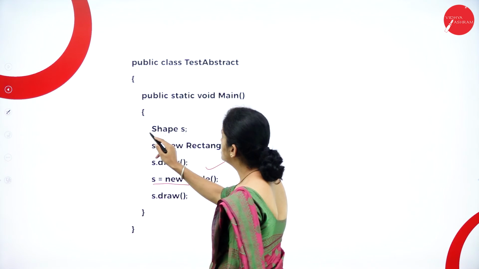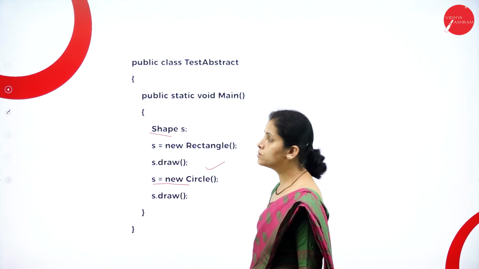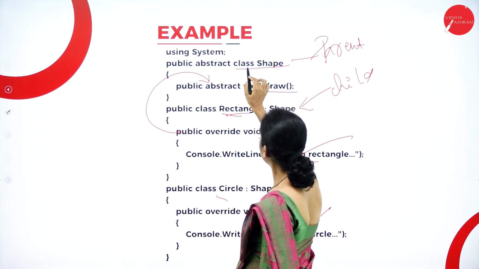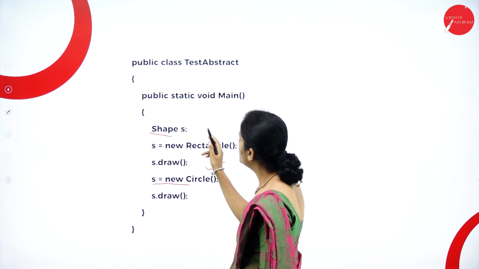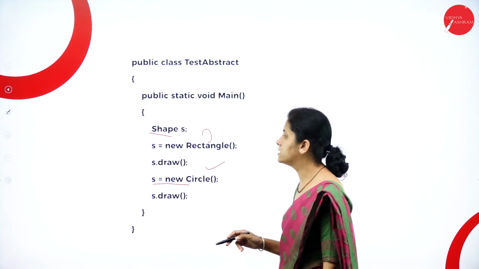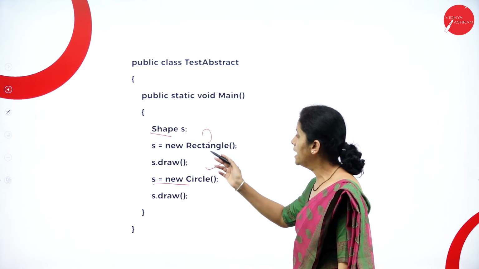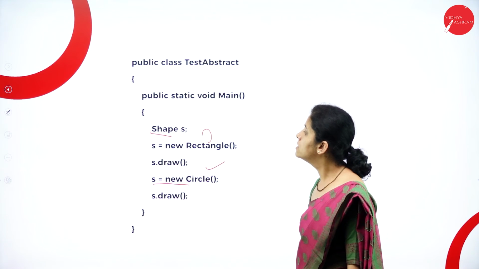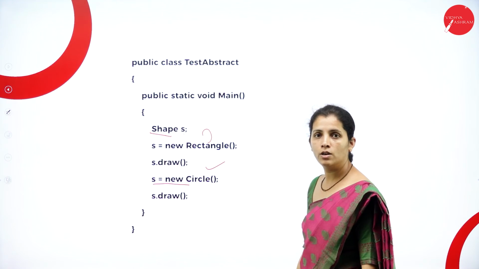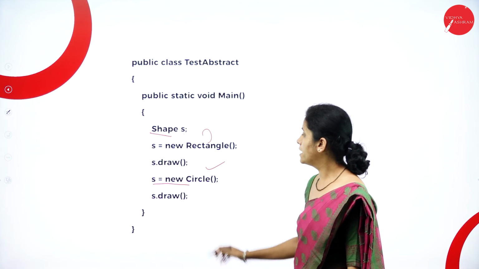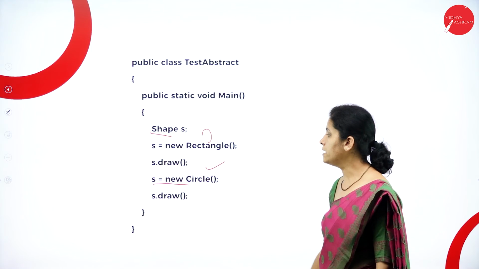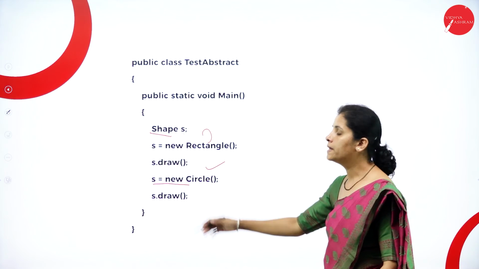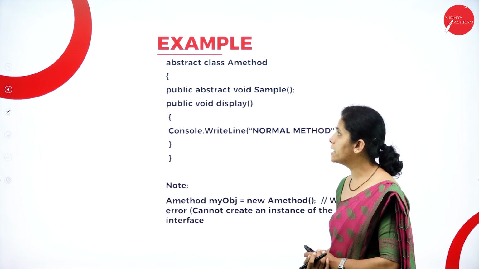So this is my abstract class, and I create the object with the help of the abstract class and call the draw method, and then create the object once again and call the draw method once again.